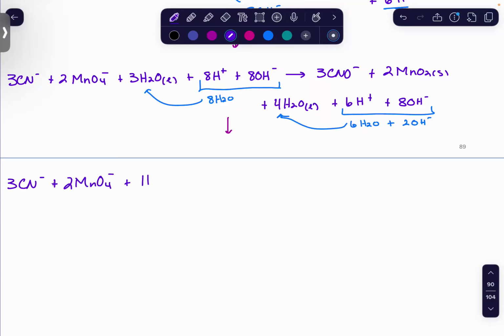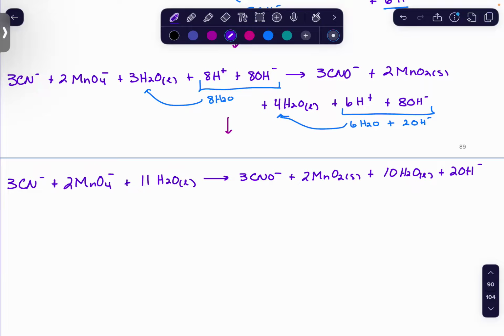So what, 11 waters? On the right, 3 CNO, 2 MnO2, 10 waters, and 2 hydroxides.